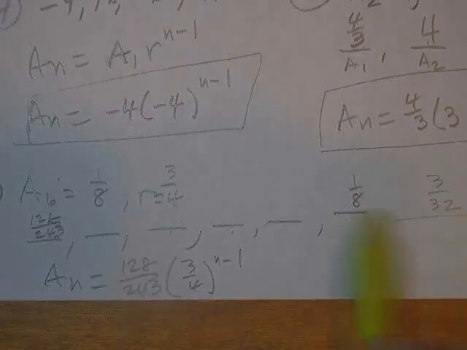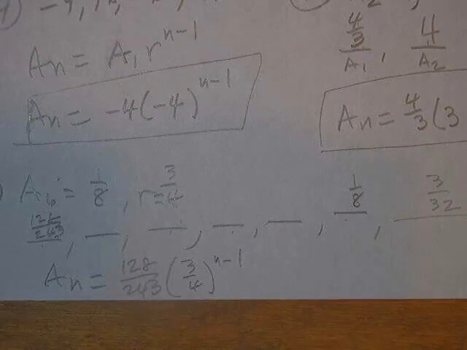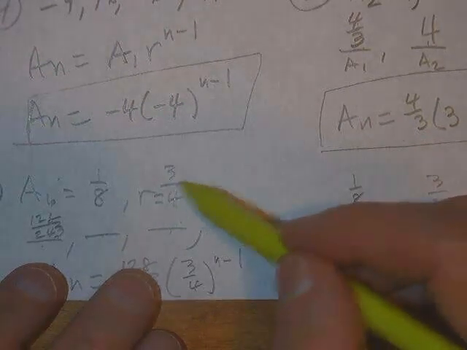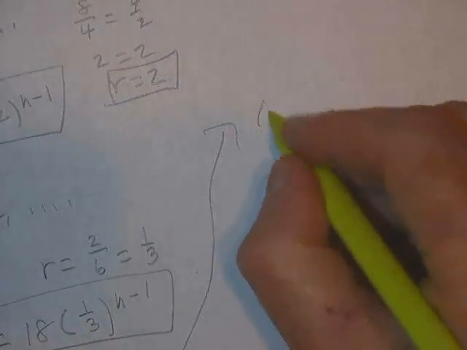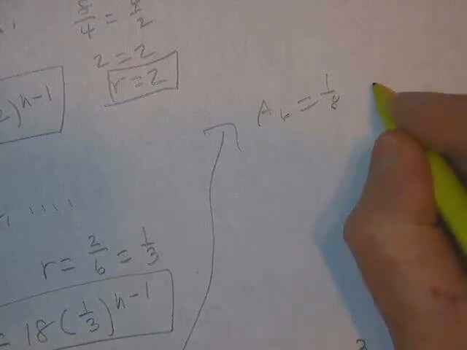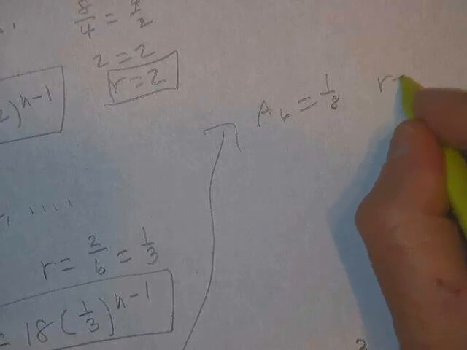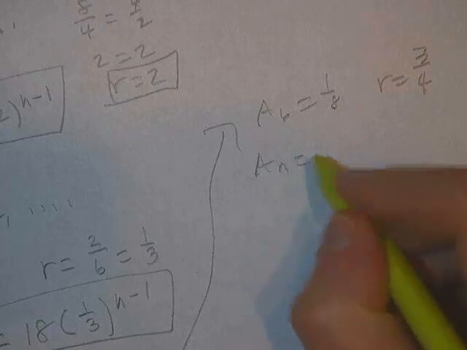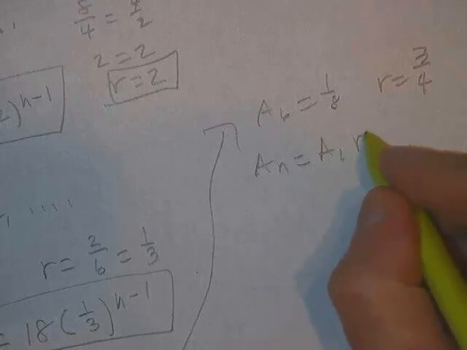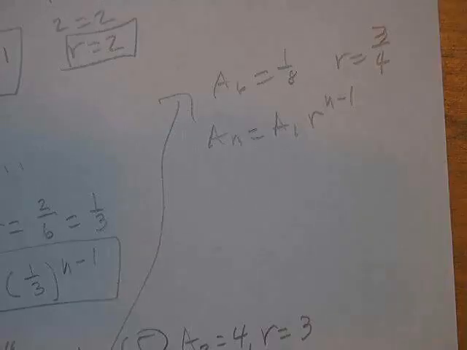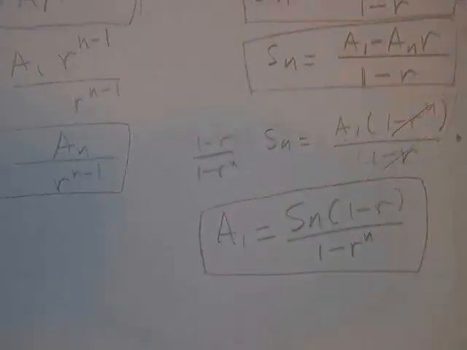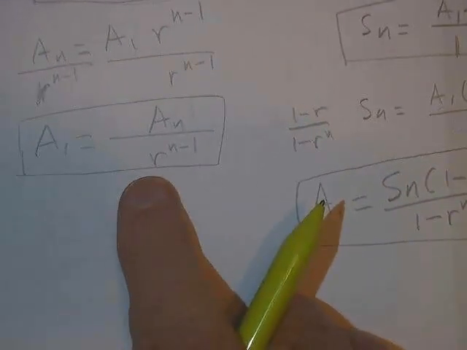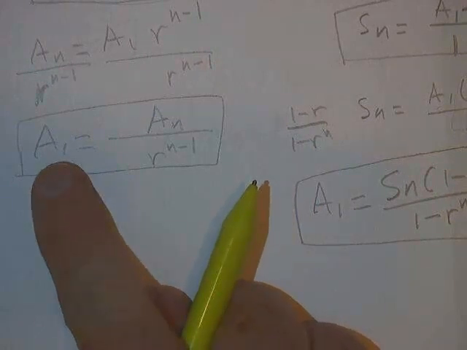Now that was a lot of trouble to do all of this. So just think about your formula. We're going to go up here in some blank space. I know this, and I know this, and I have this formula, and I need to know the first term. Well, on my formula page, I had already solved for the first term, right there.